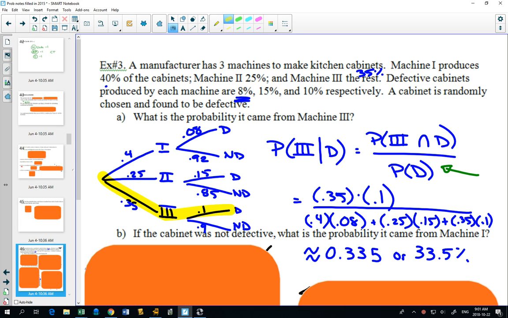Machine 3 and defective. Divided by the probability that it's defective. Well, defective can come in 3 different ways, either through machine 1, machine 2, or through machine 3. So those numbers on the bottom are adding up all of those different cases.